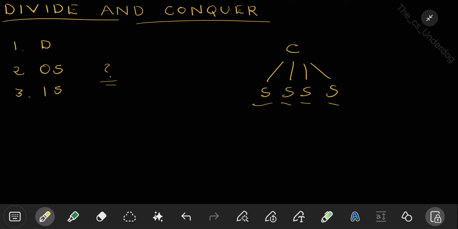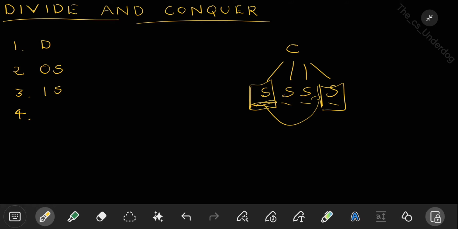If they are not independent, the solution for one subproblem will depend on the solution for another subproblem, which means the whole point of dividing it into smaller problems is no longer valid, because now your subproblem is again dependent on the other subproblem. So this is something you have to be aware of: your subproblems should always be independent. They should be such that you can solve all of them independently.